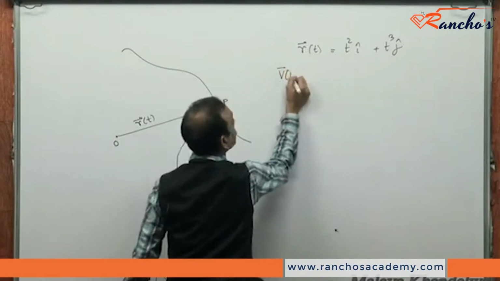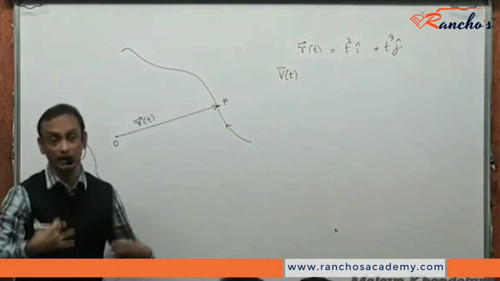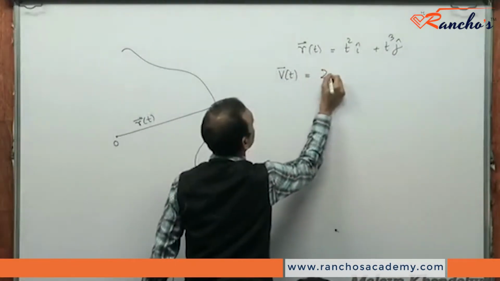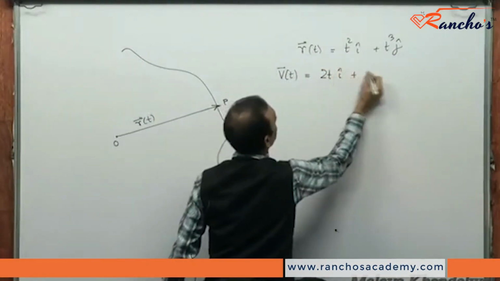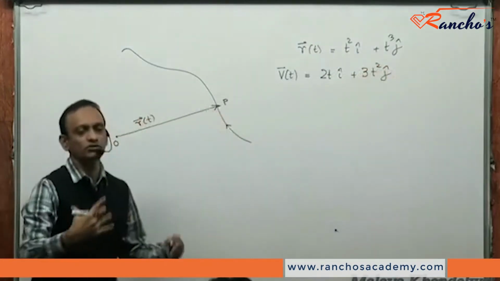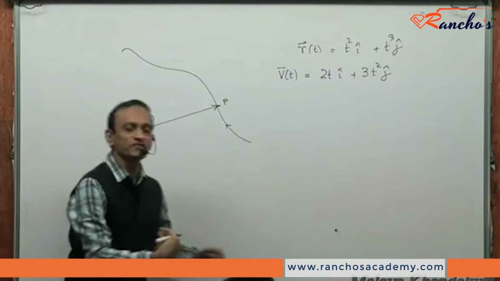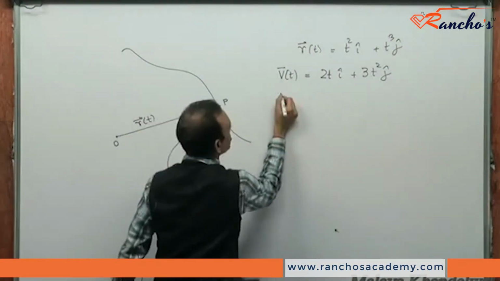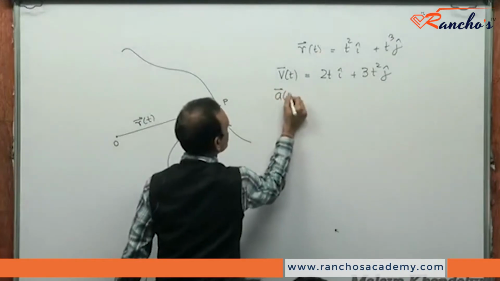So velocity, which is also called the linear velocity of the particle, would be like 2t i cap, for example, in this case, and 3t squared j cap. So velocity could also be a function of time, and then we differentiate v with respect to time, we get the acceleration. Acceleration is the rate of change of velocity with time.